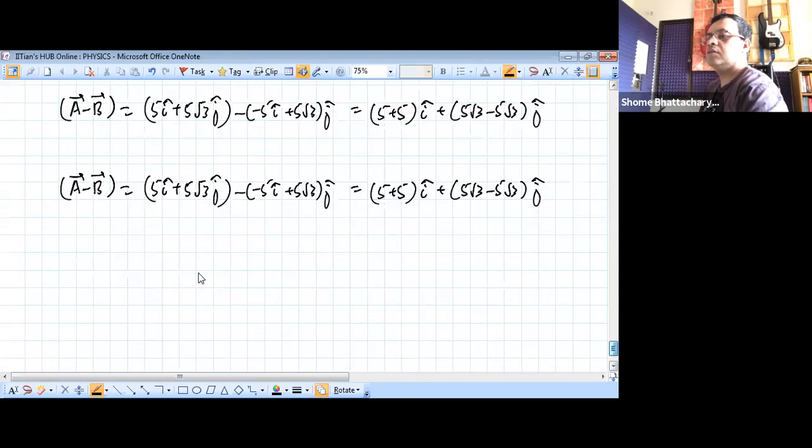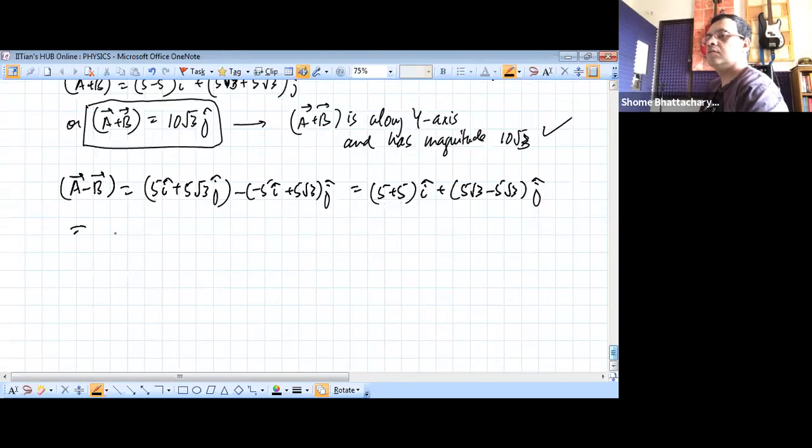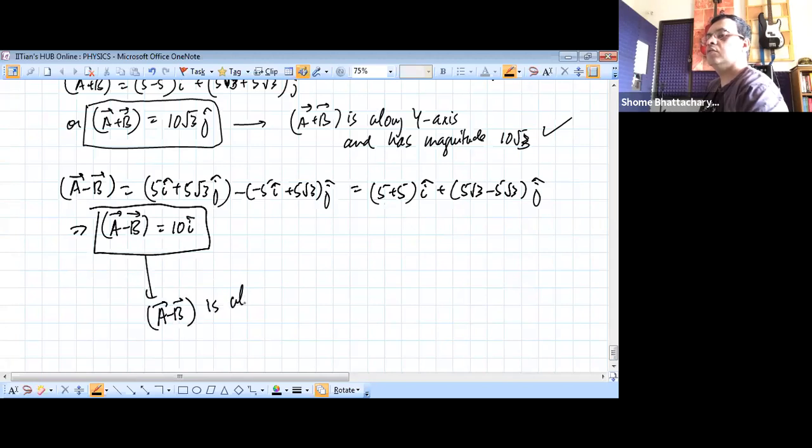So this is becoming 10 i cap plus 0 j. So that means vector A minus vector B is along the x-axis and has a magnitude 10.